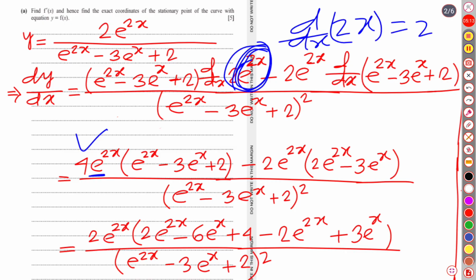So the exponent should be differentiated in case of Euler's number. If it is any other exponential function, it will be different. So remember, if this is Euler's number, then only the exponent will be differentiated.